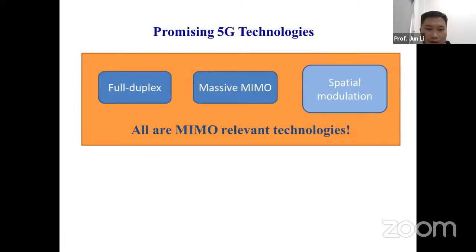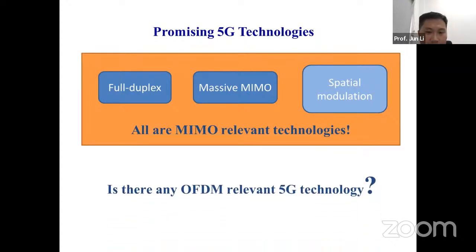Okay, the spatial modulation and the quadrature spatial modulation, and all of these schemes are MIMO relevant technologies. But is there any OFDM relevant 5G technologies? Right, we have introduced the MIMO technology and the OFDM technology in the first two slides.